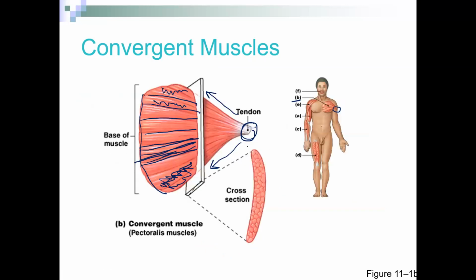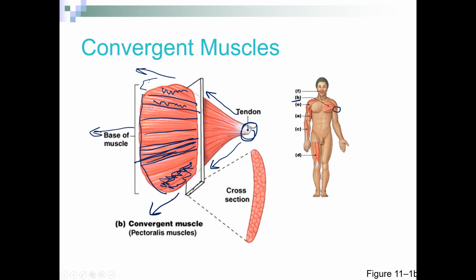Just remember, please, that because the fascicles are coming from different angles and all coming to a central point, depending on which fascicles you're contracting, you get different angles of movement, right? If you contract the middle ones, of course, you go that way.